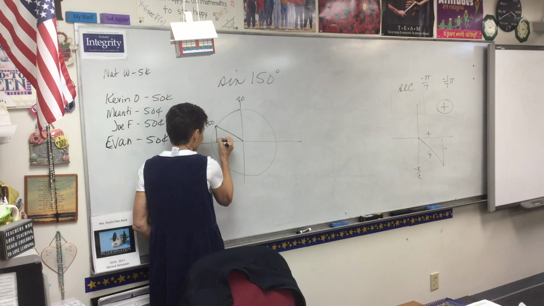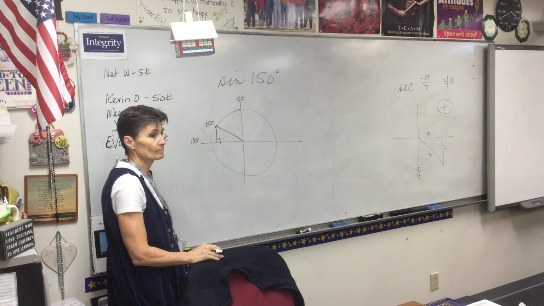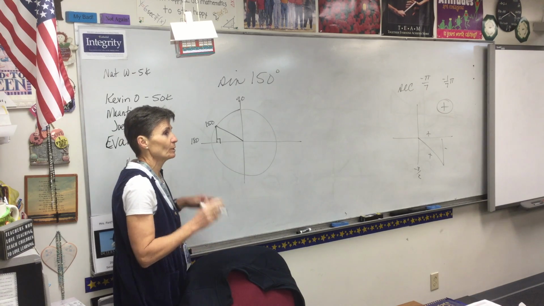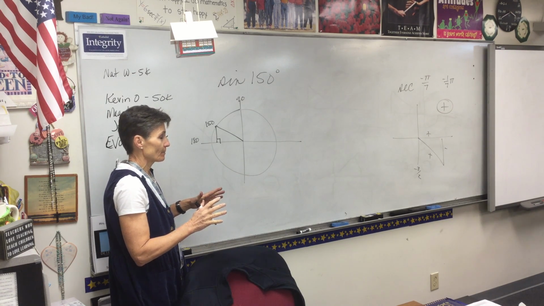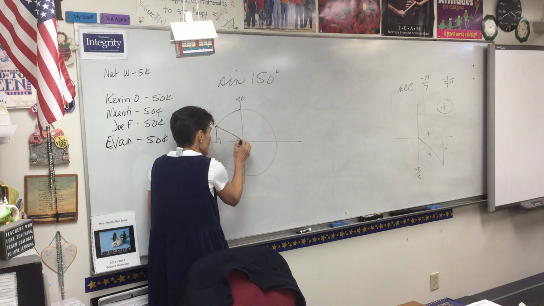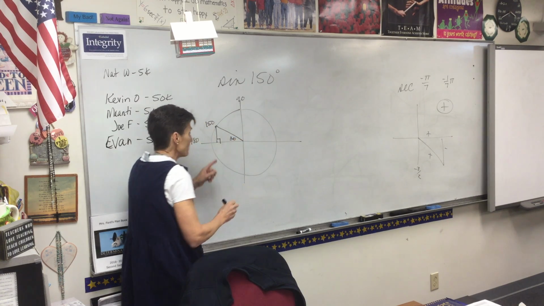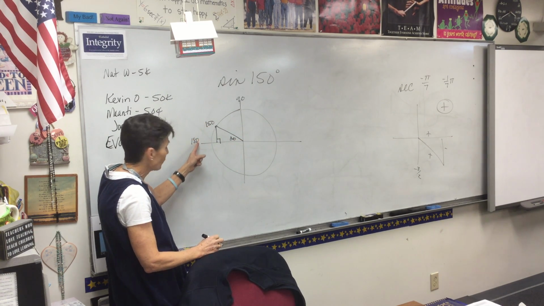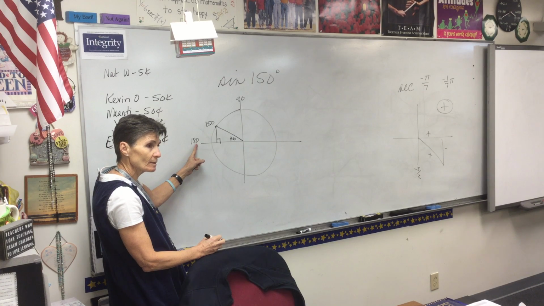Now I'm going to make my butterfly bow tie triangle. See this angle right here? How big is he? 30 degrees. Because isn't he the difference between 150 and 180?